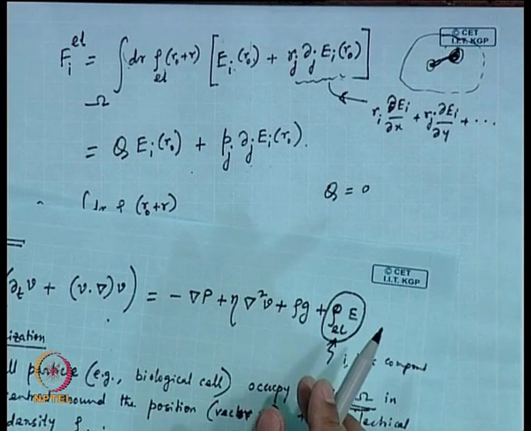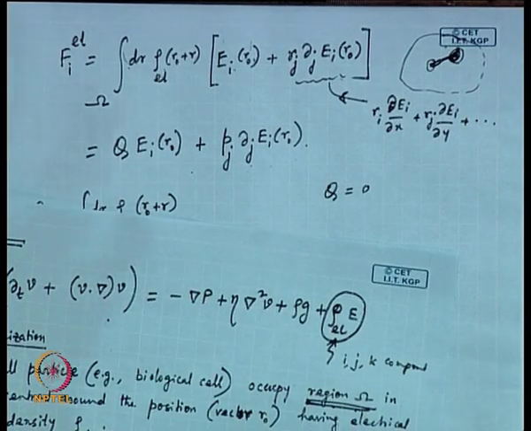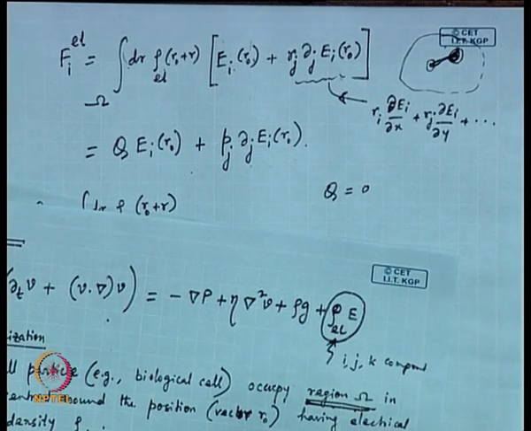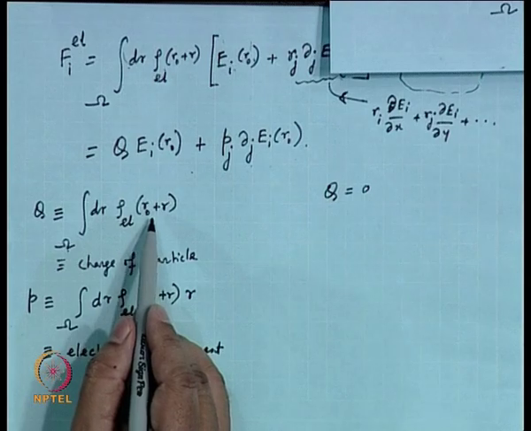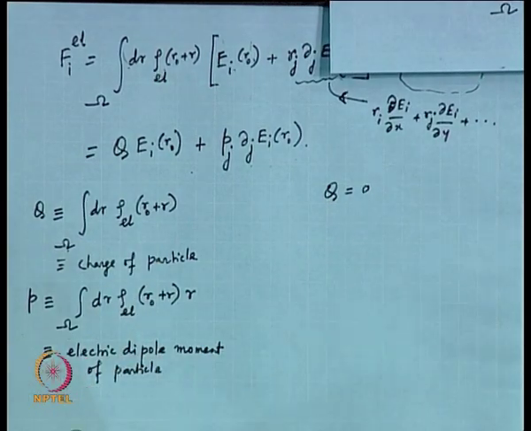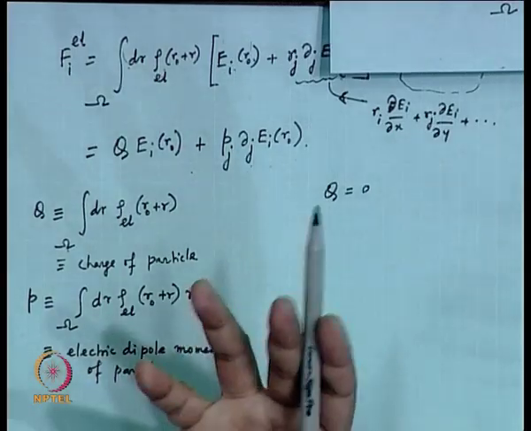Our understanding is Q equal to 0 means what? Over this entire region omega, what is Q? Integration dr over the entire domain omega rho EL (R naught plus R). So, the sum of all the individual charge densities at various points, and if the net charge of that particle is 0, in that case our understanding is that this is incapable of giving rise to any body force. That is what our understanding was.